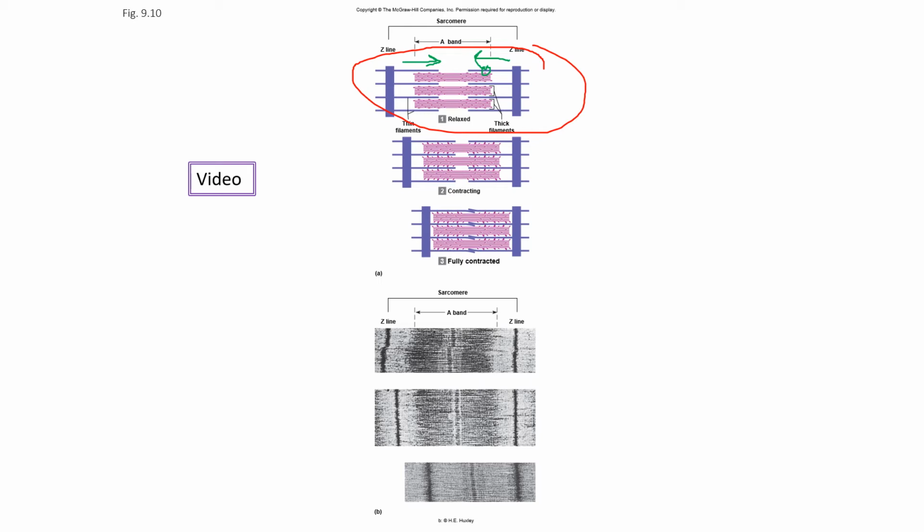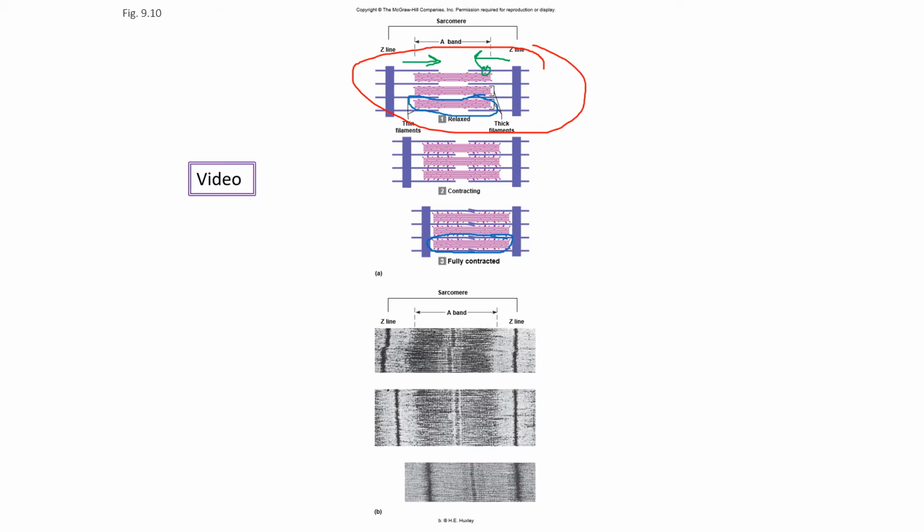Yeah. Now, here's a question for you. Does the myosin or the actin filaments themselves change in overall length? Yes or no? The answer is no. If you look at this myosin, is it any different in length than during the relaxed state? No, it's the same length.